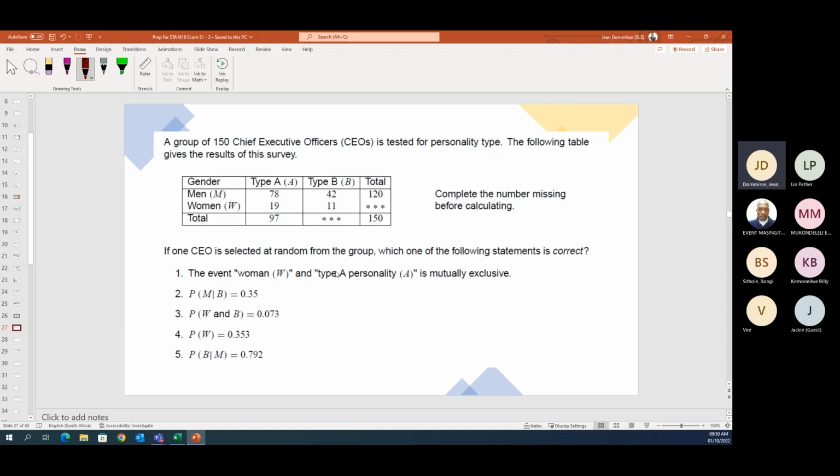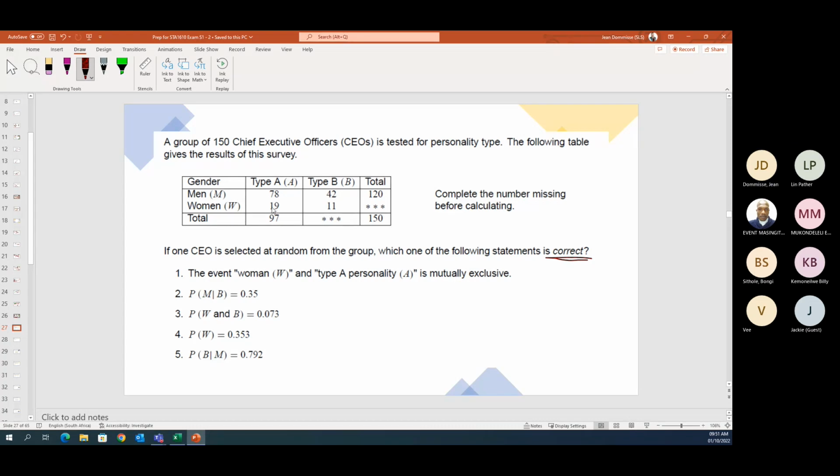So we've got a few minutes still, so let's look at this one. Okay, they give us a table. They say complete the number missing before calculating, but I first look at things that might be, so the event woman and type A personality, okay, we're looking for the correct one, is mutually exclusive.